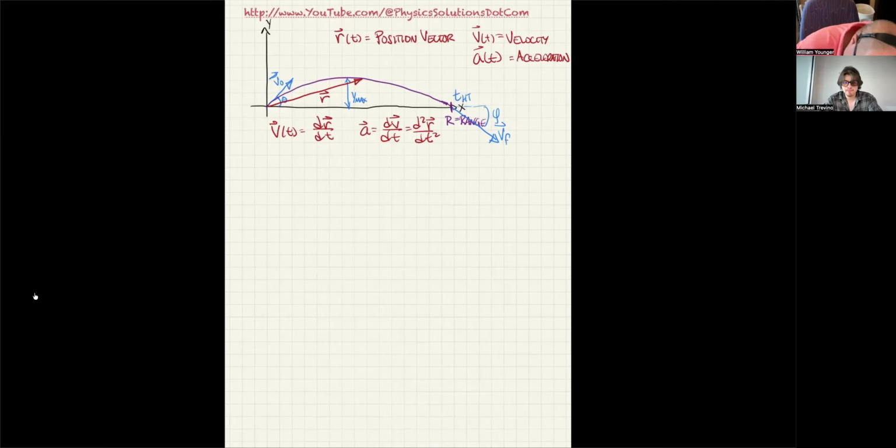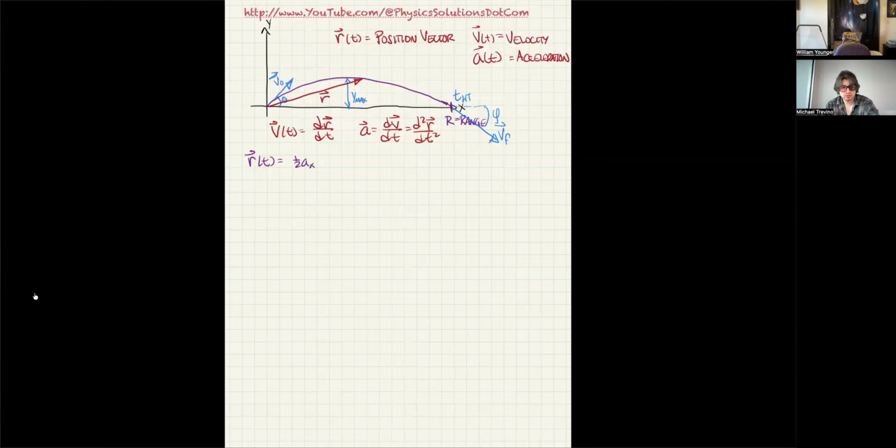Now, let me show you what the position vector is in the most general sense. So in the most general sense, r of t is equal to 1/2 a sub x t squared plus v0 sub x t plus x0, all of that times i hat.